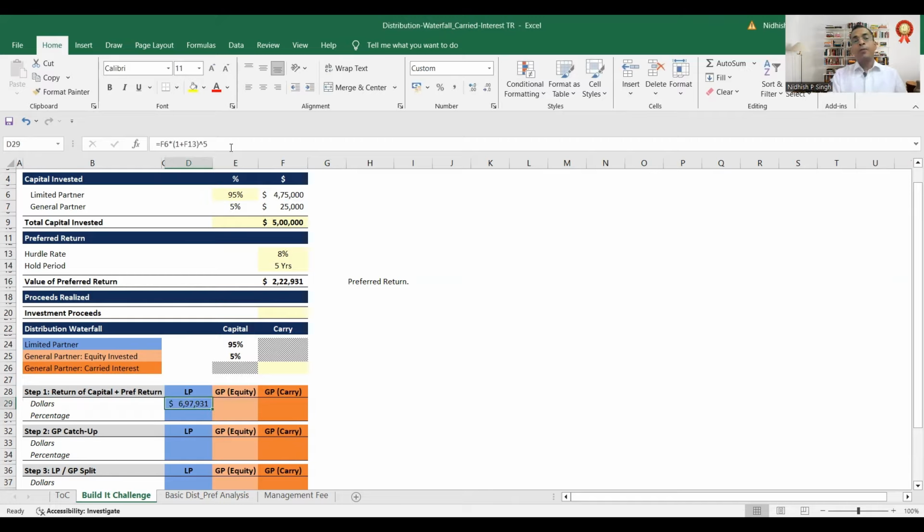In this case, I'm not subtracting the original capital of 475 because I am keeping the capital as well as the preferred return to give back to LP. So I'm not subtracting the original capital, as you can see here, plus this 25,000.